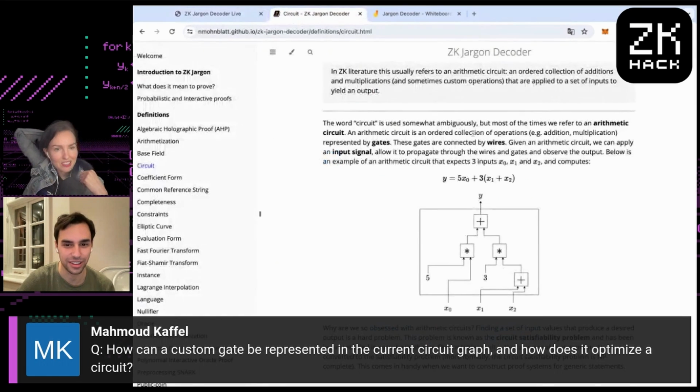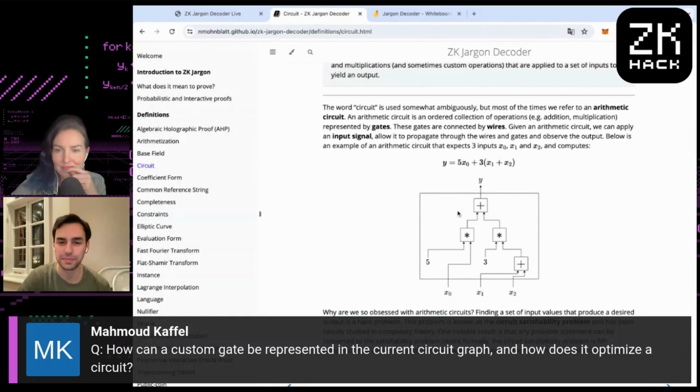So I'll bring back the current circuit graph. Let's say very often I'll take my inputs and apply, I don't know, a hash. Let's say I very often do some hashing. And if I were to write a hash with these plus and times, it would be, I don't know, thousands of them.